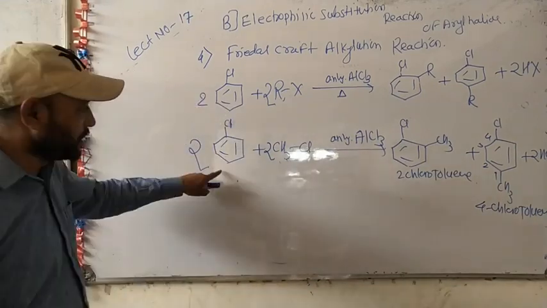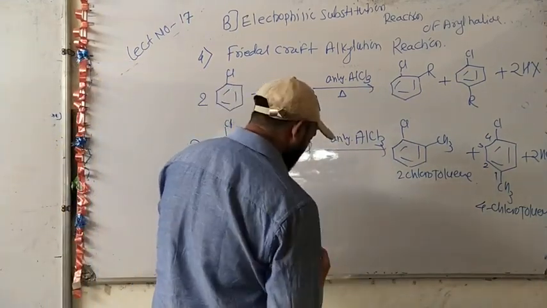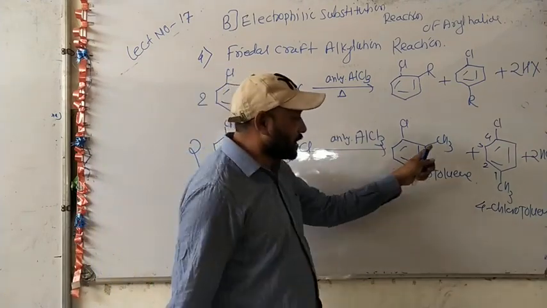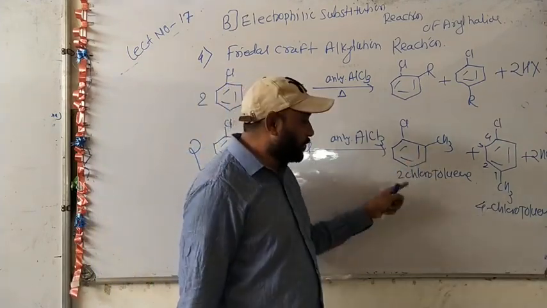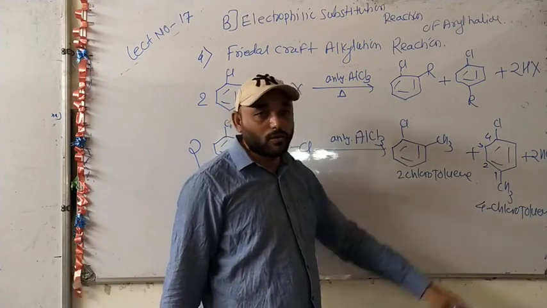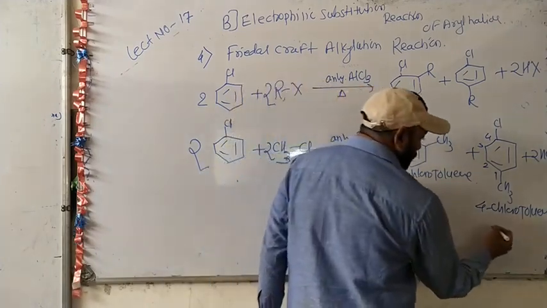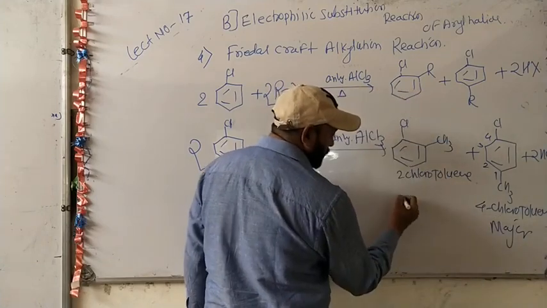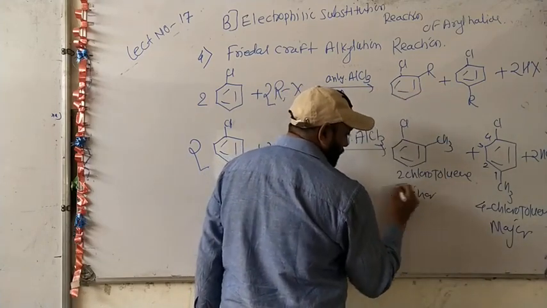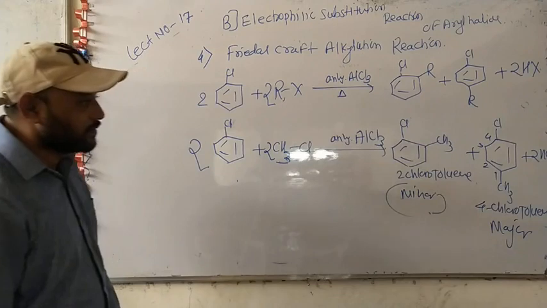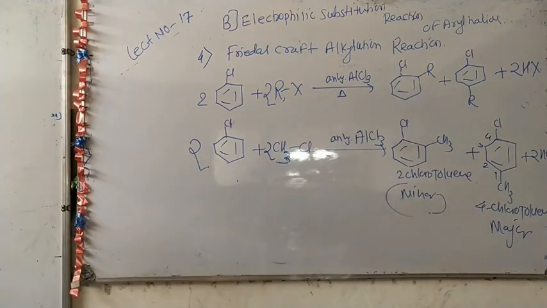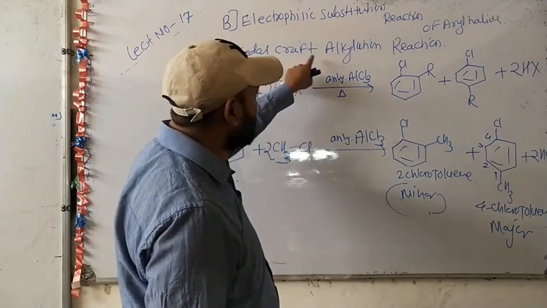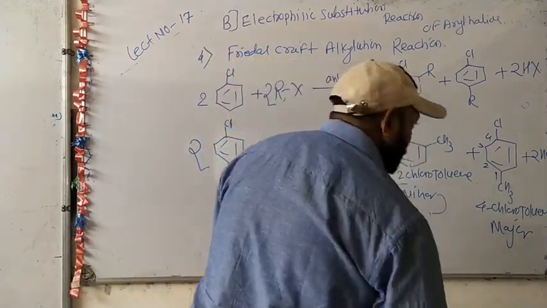So chlorobenzene treated with methyl chloride undergoes methylation at the ortho and para positions, forming 2-chlorotoluene and para-chlorotoluene. Among which para-chlorotoluene is the major product and ortho-chlorotoluene is the minor product. Para is the major product and ortho is the minor product. This is called Friedel-Crafts alkylation reaction.